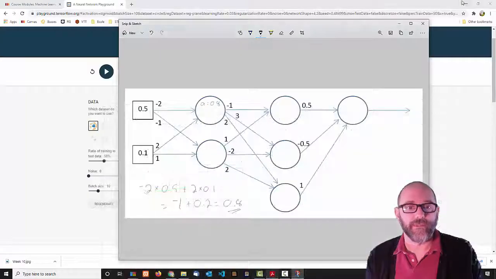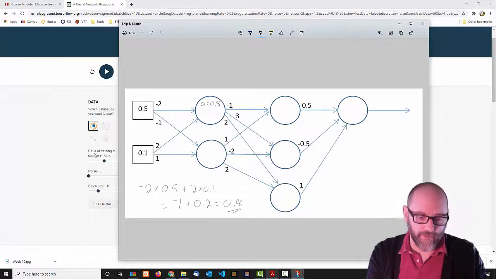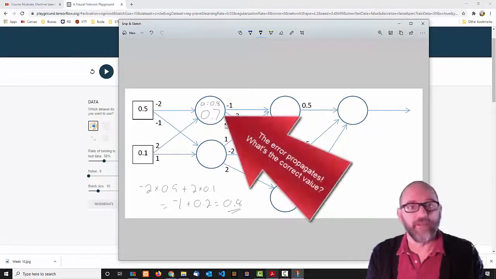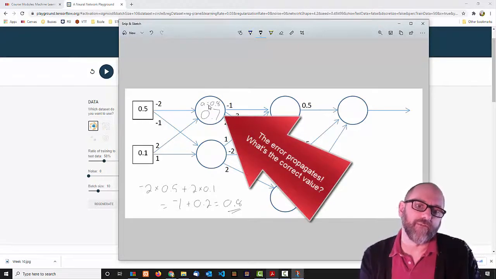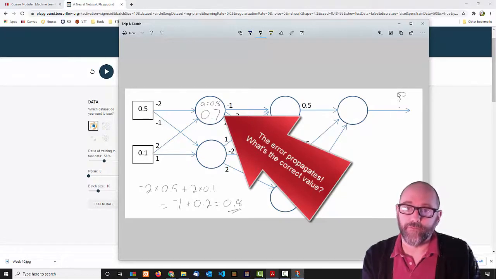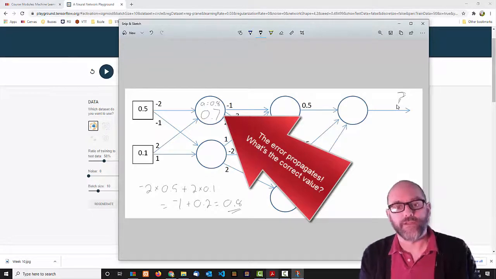Let's go with 0.7. So the output here is going to be 0.7. So that's the exercise. Figure out the activation and the output for each layer, and then feed that forward and figure out the activation and the output here, and then finally the activation and the output here, and figure out the final output. Oopsie. There we go. So that's the question.